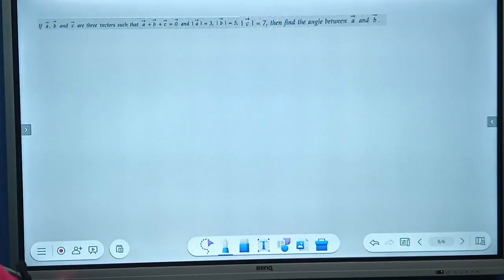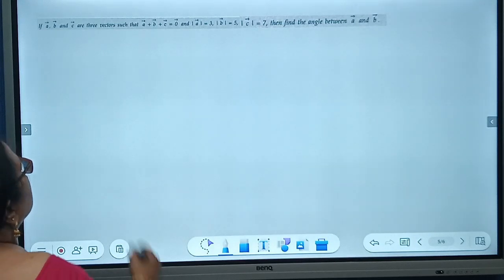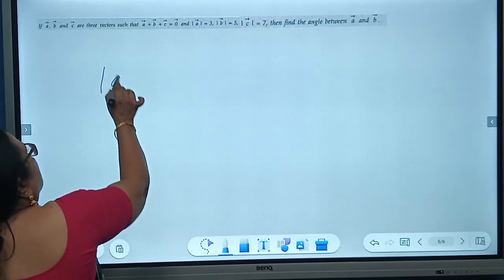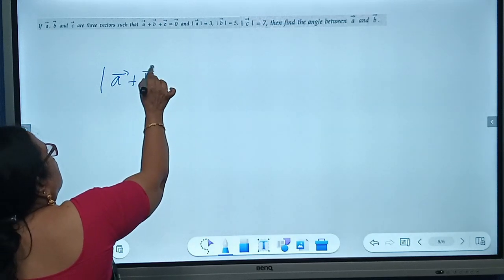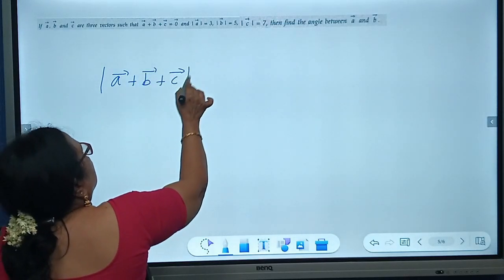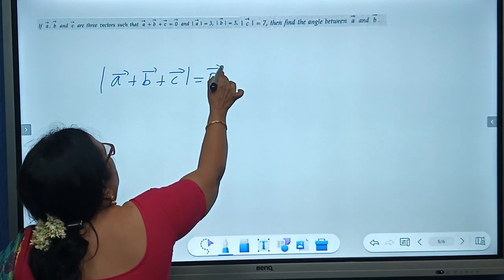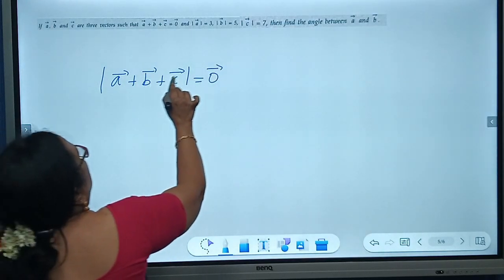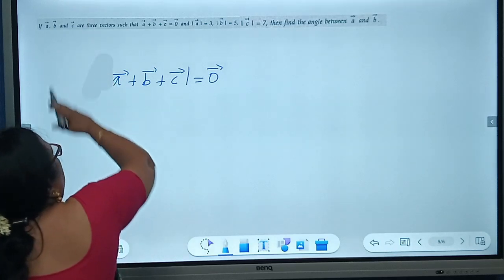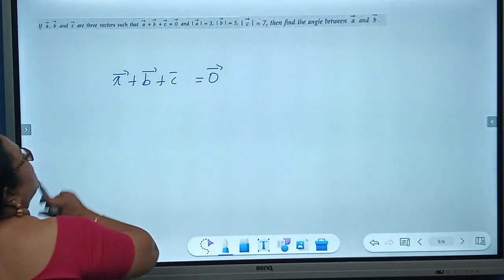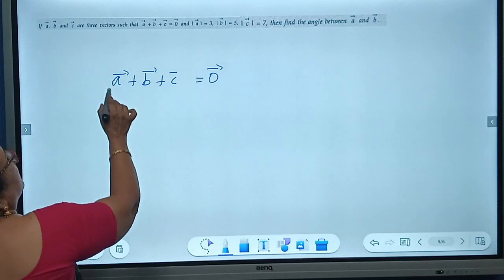Next problem. a, b and c are three vectors such that a plus b plus c is 0 vector.